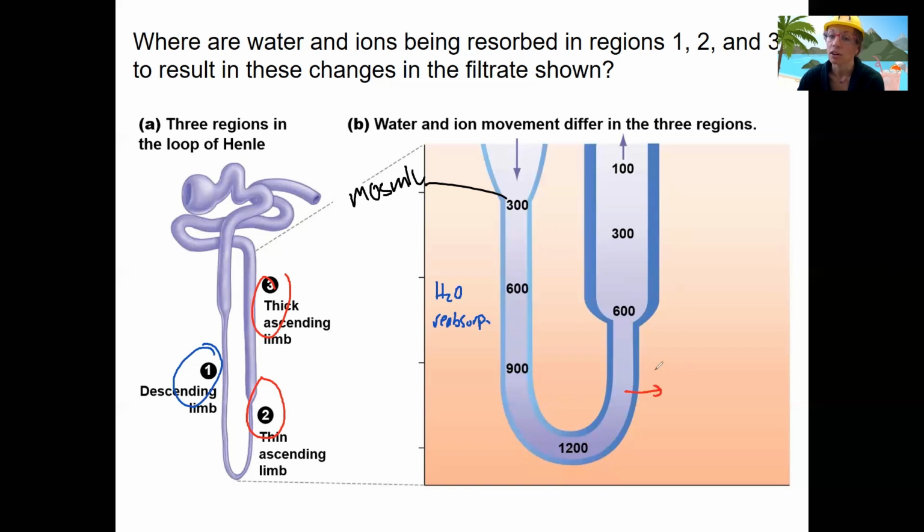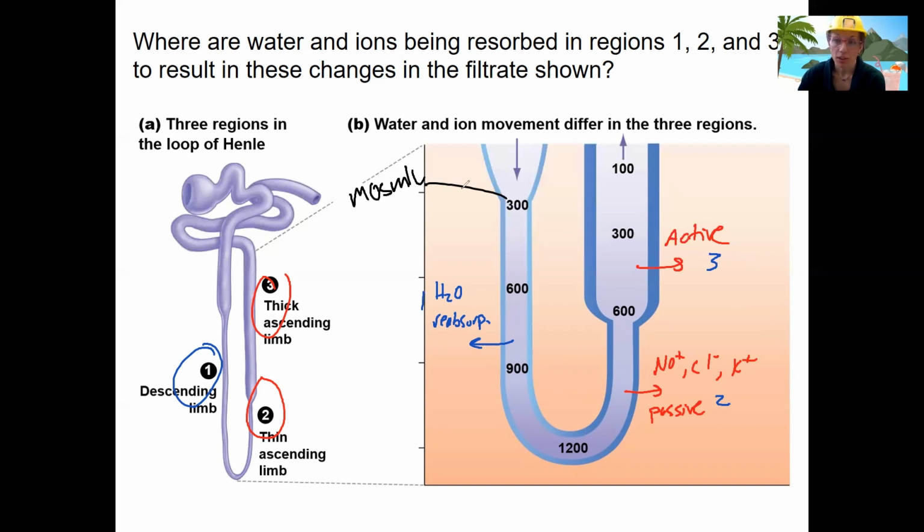So we've got instead reabsorption of sodium, chloride, etc. That happens via passive transport here and active transport here. If we have those solutes exiting, the filtrate is going to become more dilute. So that's the principle I want you to make sense of in regions 1, 2, and 3.